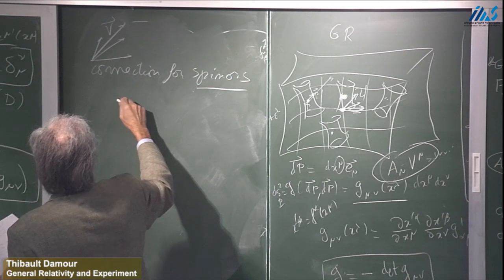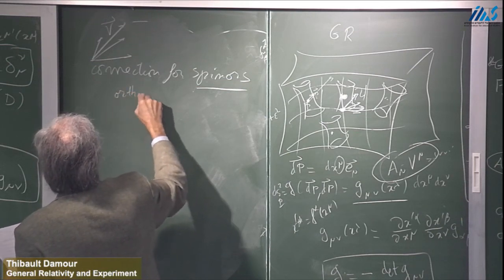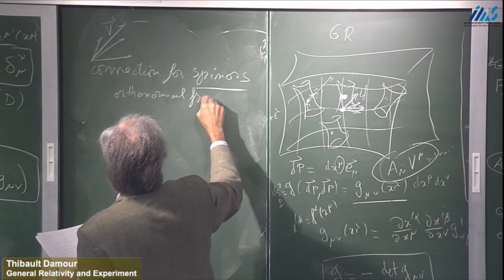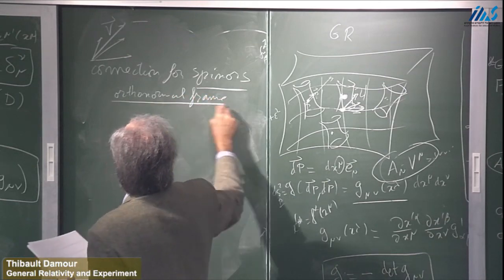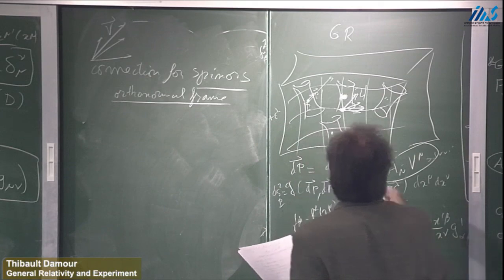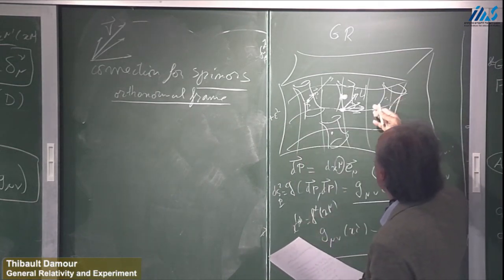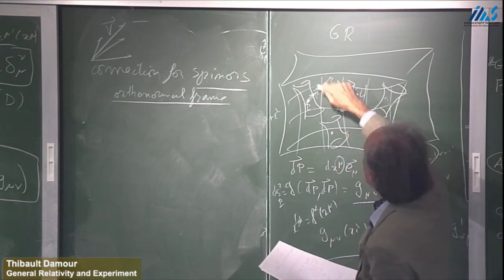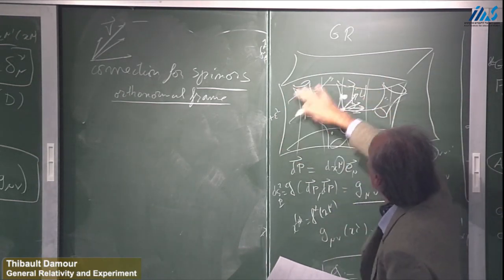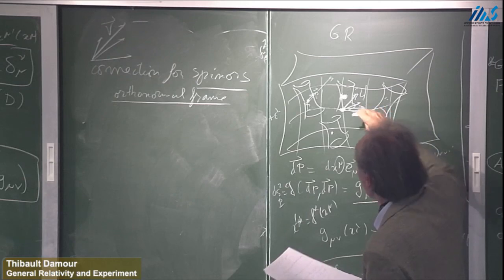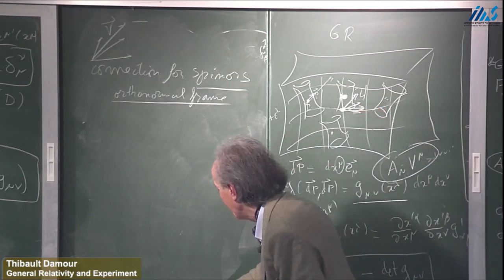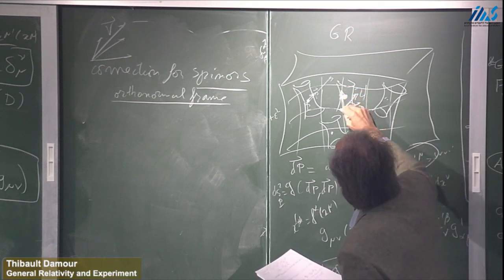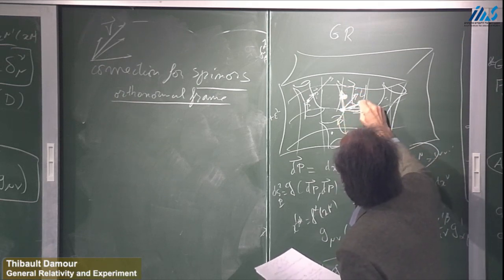So to define spinors, I need an orthonormal frame. I already needed that in special relativity, but a fortiori you need it even more in general relativity. This means that if I have a curved spacetime, in addition to having a general coordinate system, I now need at each point of spacetime a special set of vectors which are orthogonal to each other, okay?